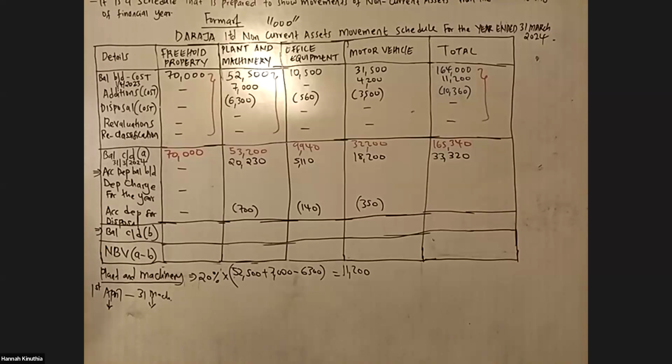At the year end, this one was disposed at which period? Let me see. The first one was acquired on 1st April. Ngoja kidogo tu. Where is it? So 52,500. This is another machinery that was disposed at the same date.